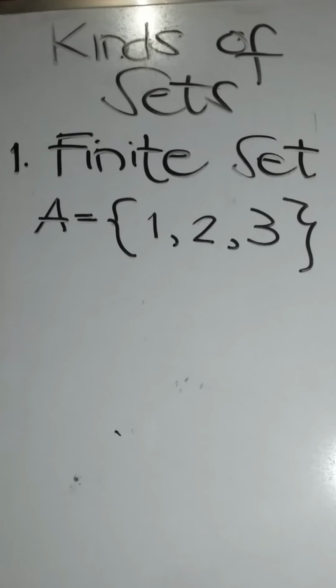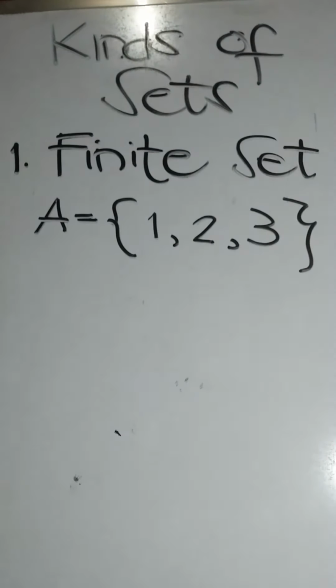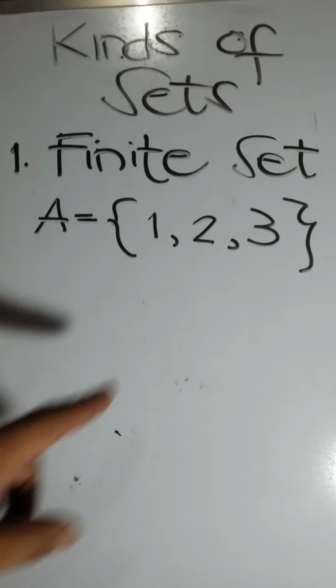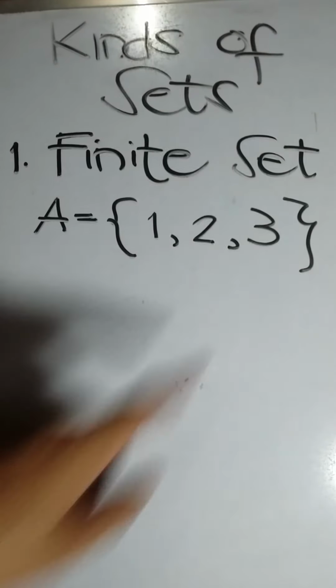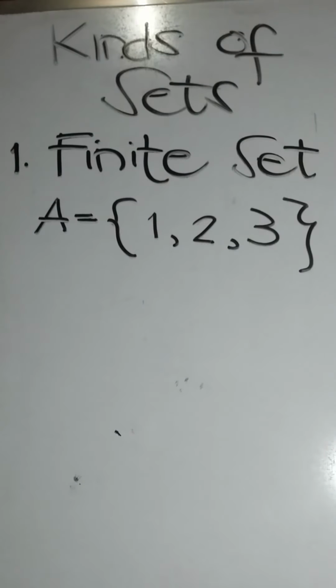Ang sabi ko, ang set ay capital letter. Ang elements natin ay nasa loob ng brackets, and then ang ating elements ay separated by comma. Ilan ang elements natin? 1, 2, 3. So, siya ay isang finite set.